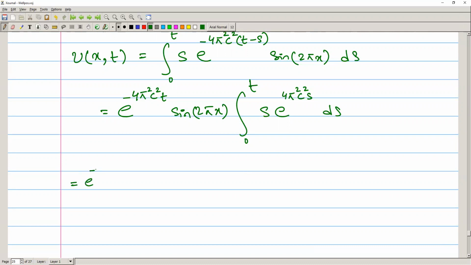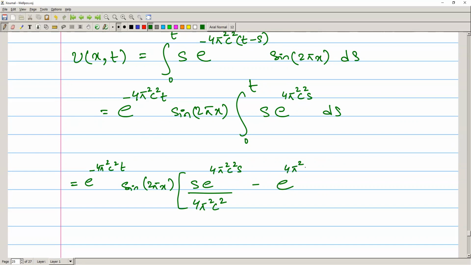So here it will be e to the power negative 4 pi squared c squared t times sine 2 pi x, into s e to the power 4 pi squared c squared s divided by 4 pi squared c squared, minus e to the power 4 pi squared c squared s over 16 pi to the power 4 c to the power 4, from 0 to t.